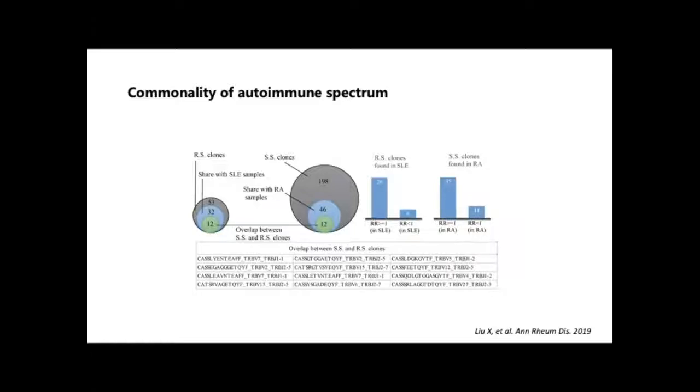A very interesting phenomenon we want to see is whether there are any universal disease-associated clones in the entire autoimmune spectrum. So we compare the disease-associated clones in ITP and SLE. For all the disease-associated clones we identified, 32 can be observed in ITP, and 12 of them are both ITP and SLE associated clones.